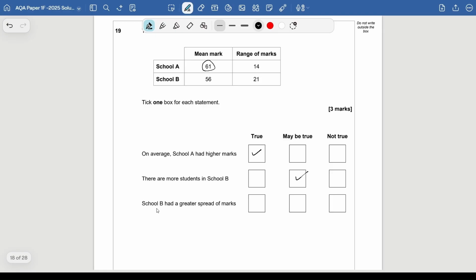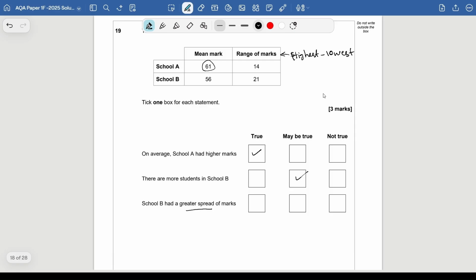What about this one? School B has a greater spread of marks. The spread is defined by the range of marks. The range is the difference of the highest mark minus the lowest mark. If the range is more, it means the values are more spread out.